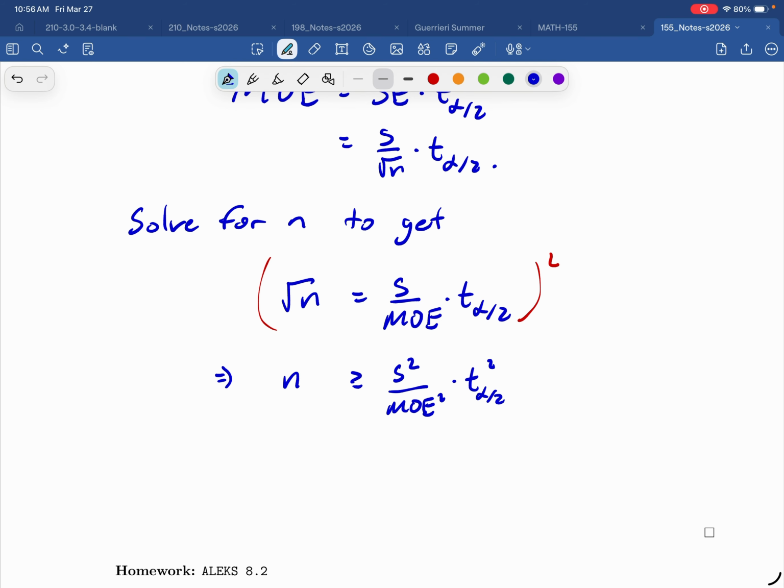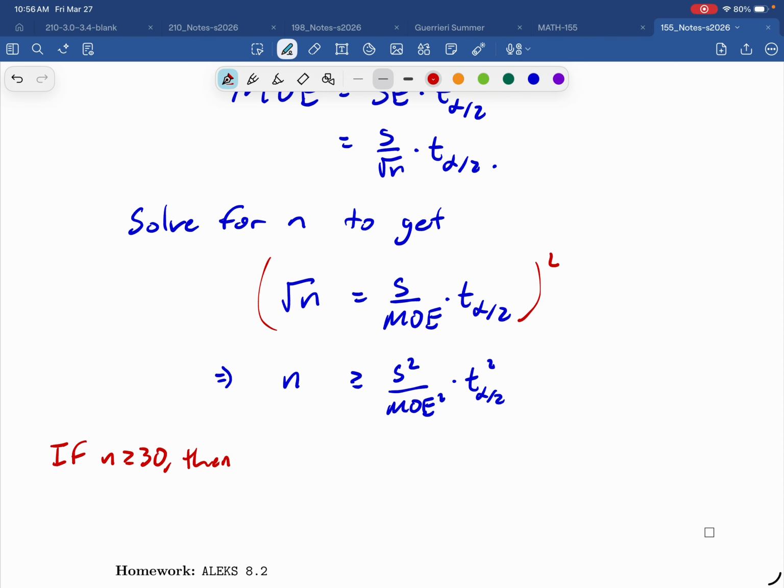So what we do, as it turns out, is we say if n is greater than or equal to 30, then we know two things. Number one, s is going to be pretty close to sigma most of the time. And we also know that t is going to be close to z.